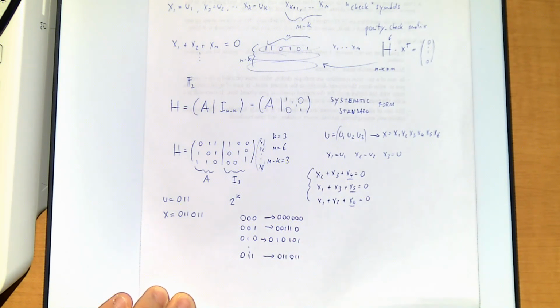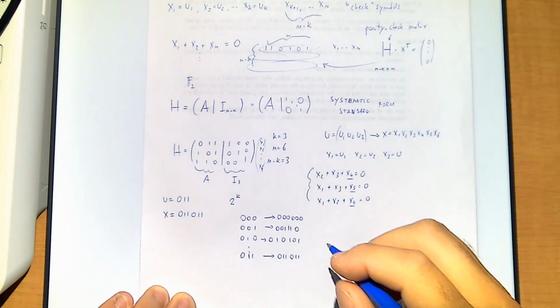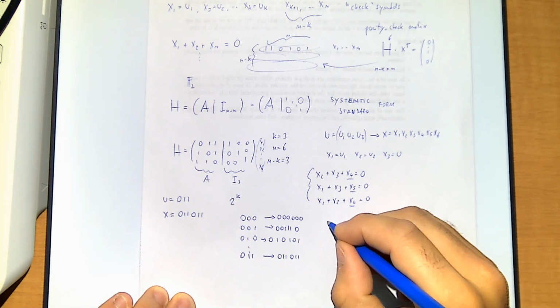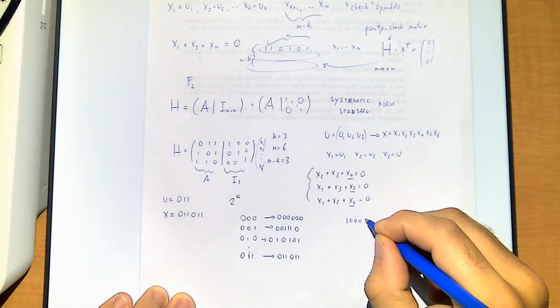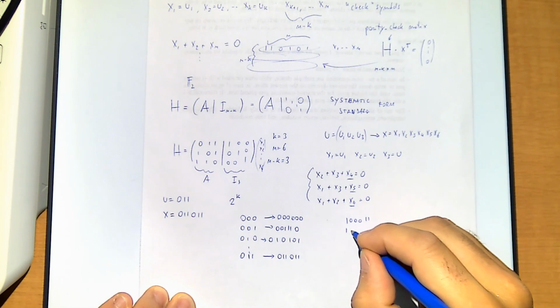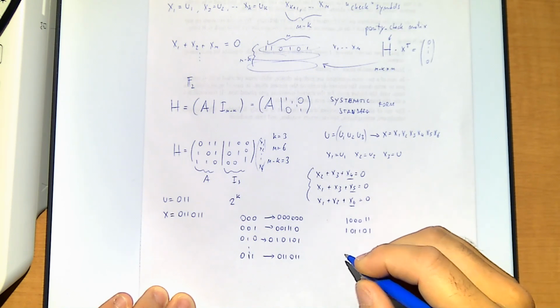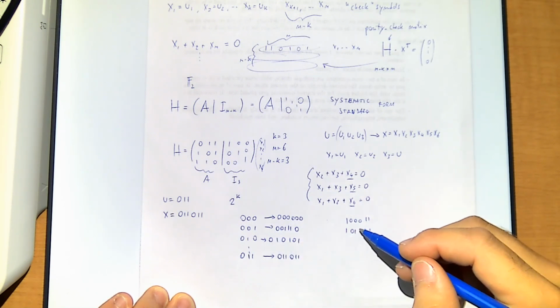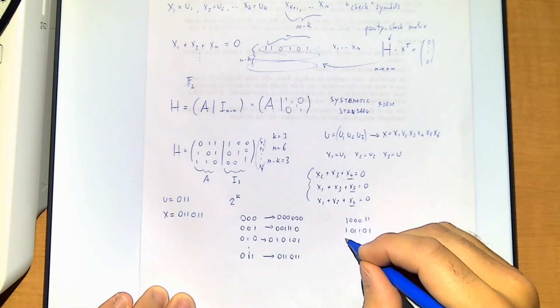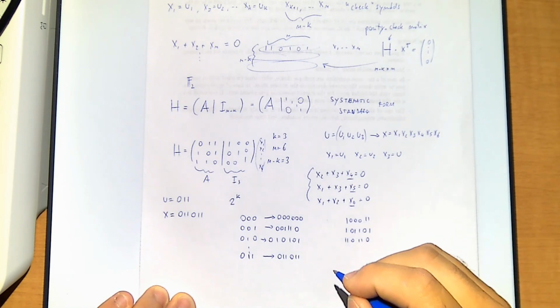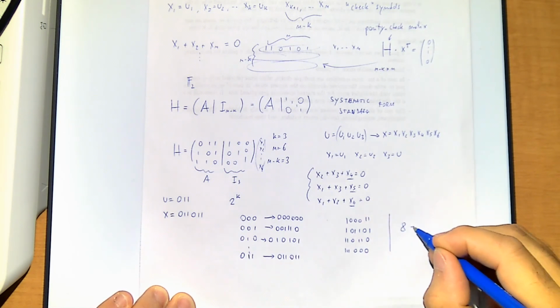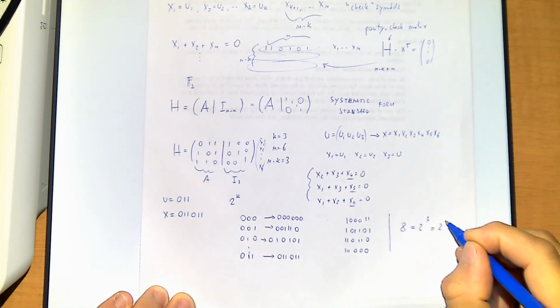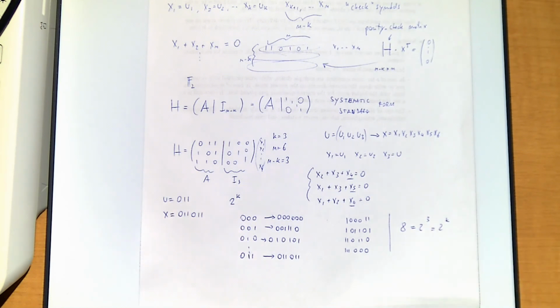And then you have the other code words: 1, 0, 0, 0, 1, 1, 0, 1, 1, 0, 1, and so on. Okay, so these are my 8 code words because it's 2 to the 3, so it's 2 to the k. Yeah. And this is my code.